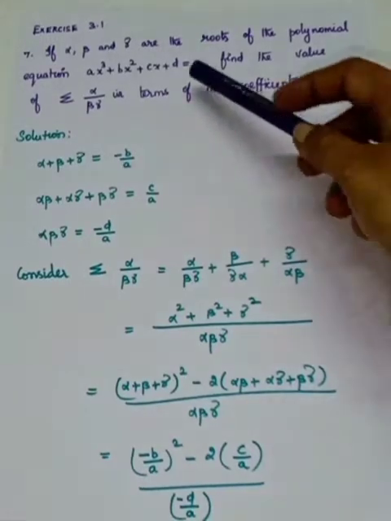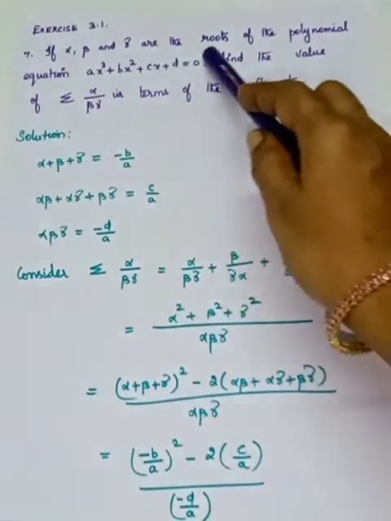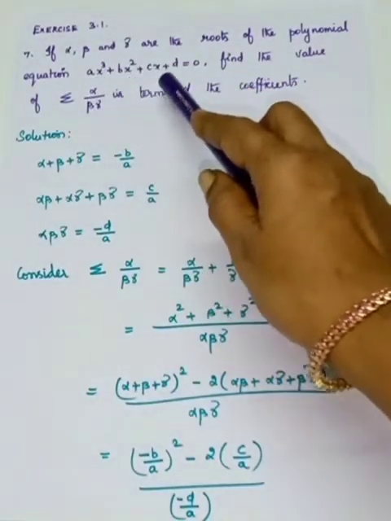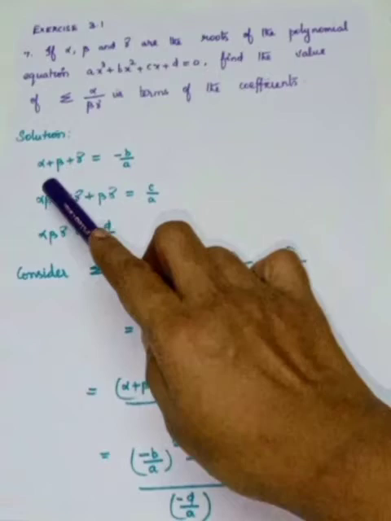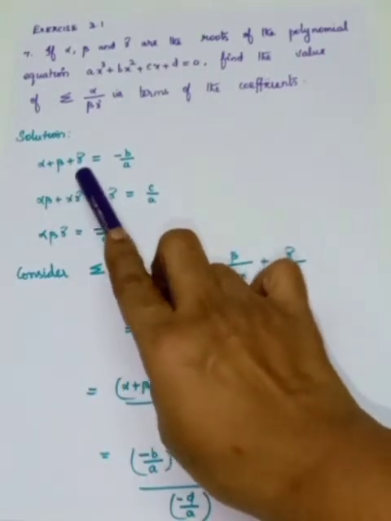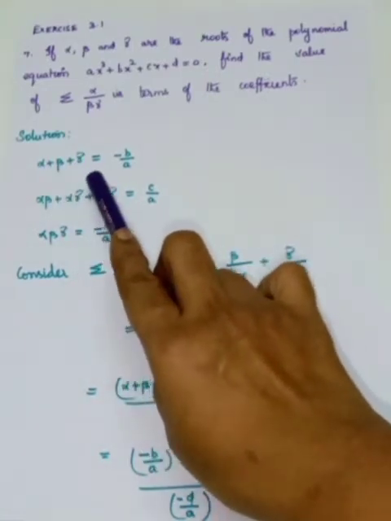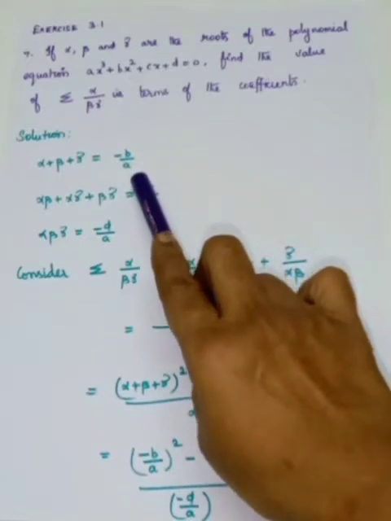Okay, here it's given a cubic polynomial ax cube plus bx squared plus cx plus d is equal to 0. It's a cubic polynomial, so how many roots will you have? It is given that alpha, beta and gamma are the roots. So the sum of the roots, alpha plus beta plus gamma, is equal to minus b by a.